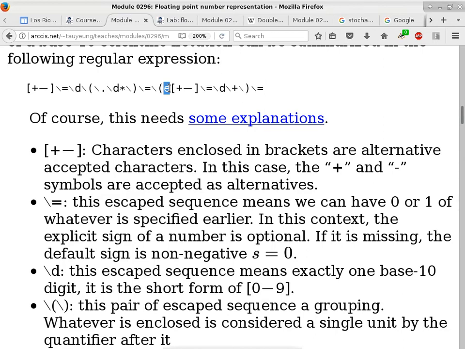So to represent that, we have the backslash d and the asterisk to represent the numbers after the decimal point, right? So why is it only one in the grouping? Are you referring to this asterisk? Yeah. So this asterisk applies to this particular backslash d, which basically means you can have any number of digits after the decimal point, including 0.